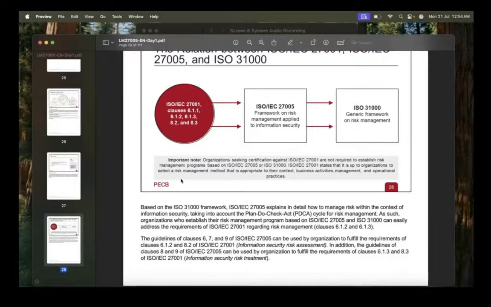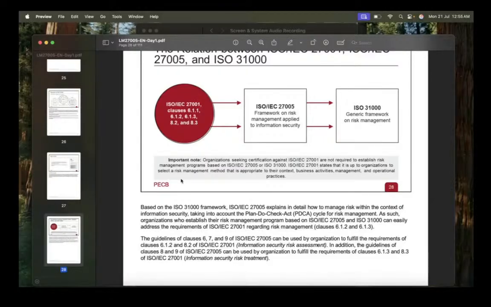So if any organization is obtaining certification against 27001, it is not required to use the framework of 31000 or 27005. It is totally up to the organizations what risk management method they want to use.